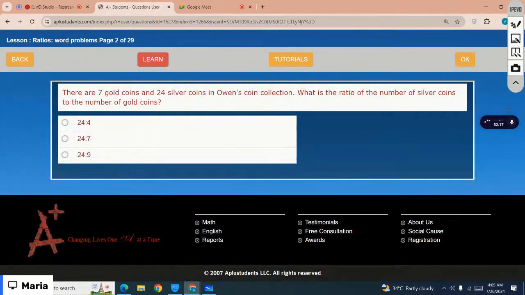There are 7 gold coins and 24 silver coins in Owen's coin collection. What is the ratio of the number of silver coins to the number of gold coins?